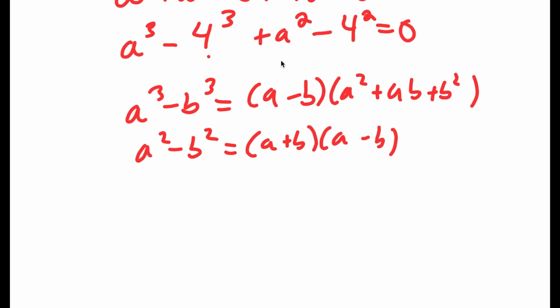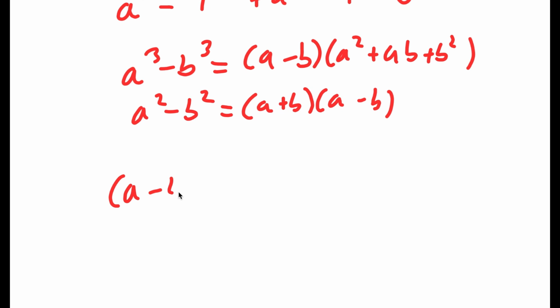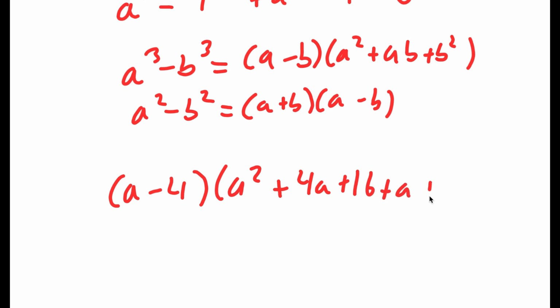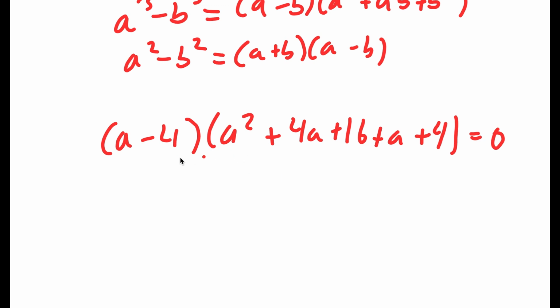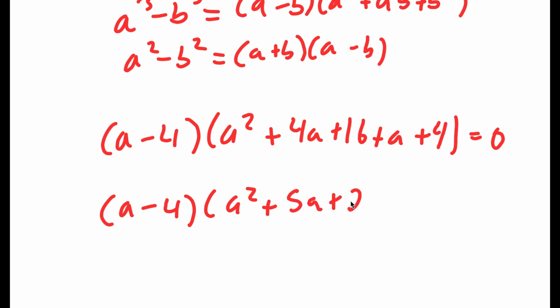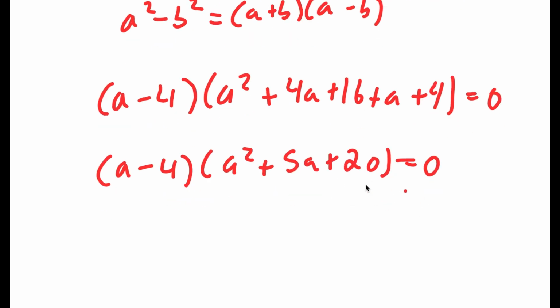So by using these two properties, I'm going to end up with a minus 4 times a squared plus 4a plus 16 plus a plus 4 is equal to 0. And this simplifies to a minus 4 times a squared plus 5a plus 20 is equal to 0.